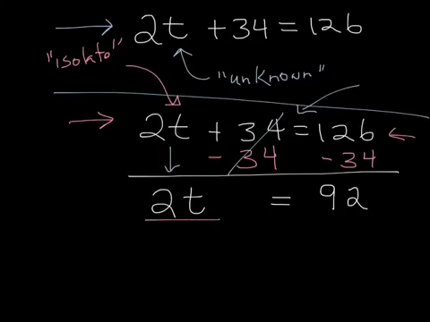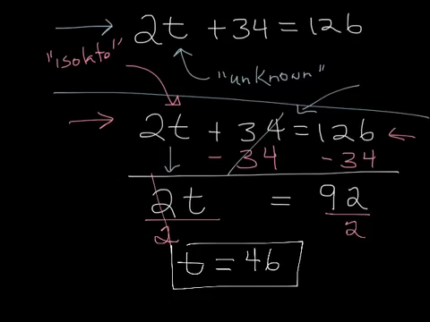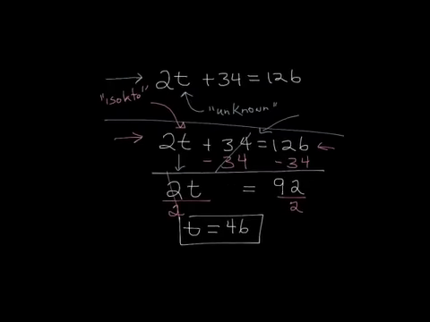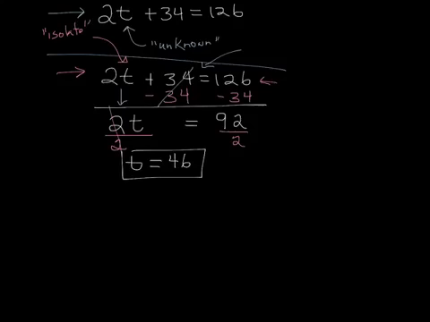Meaning, if I divided this by 2, wouldn't that just give me 1t or t? But don't forget, if you divide one side by 2, you have got to divide the other side by 2. So I take 92 divided by 2 and I get 46. So that's my answer.